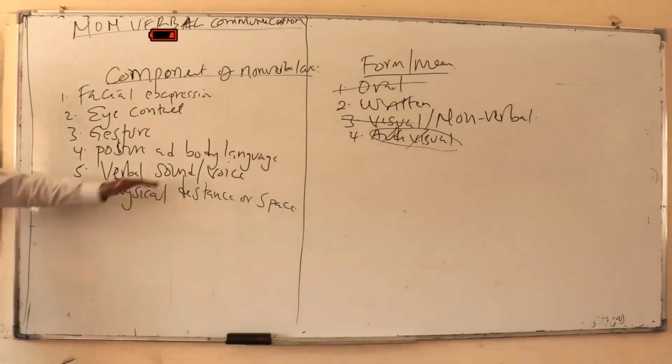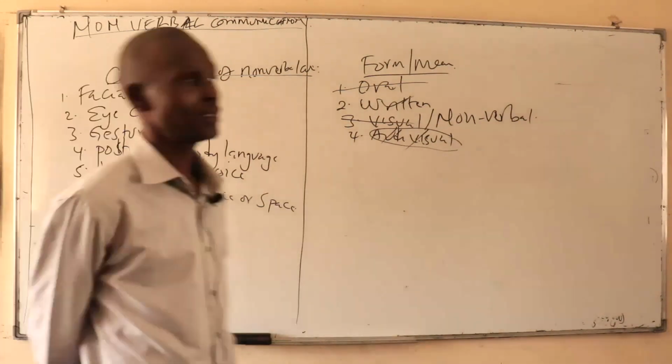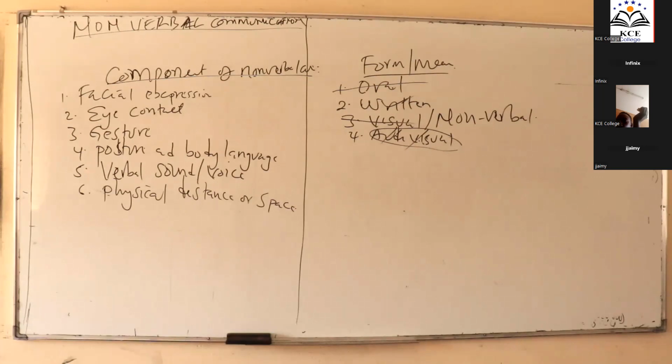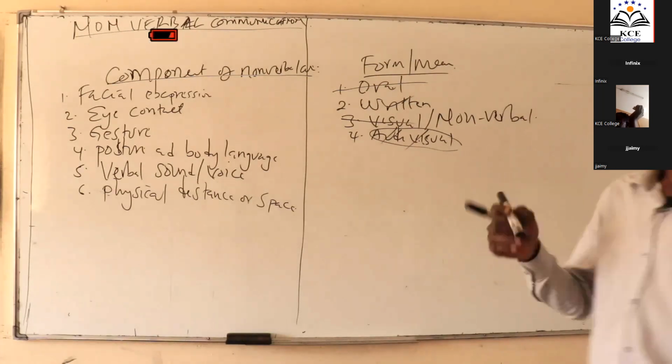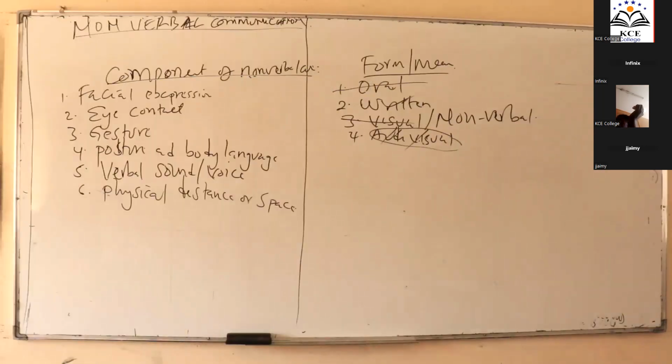Then we have verbal sound. When I was a bit younger, a teenager looking for girls, you could go to the room of your girlfriend and make a sound so that she knows that I am around.